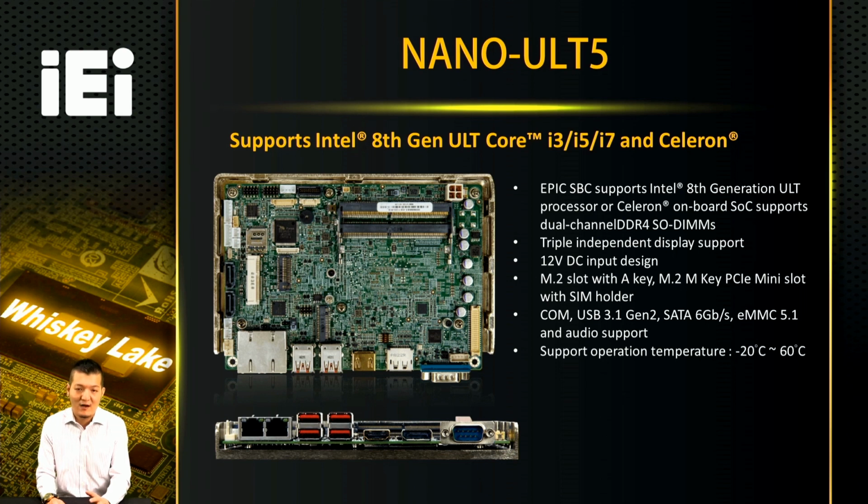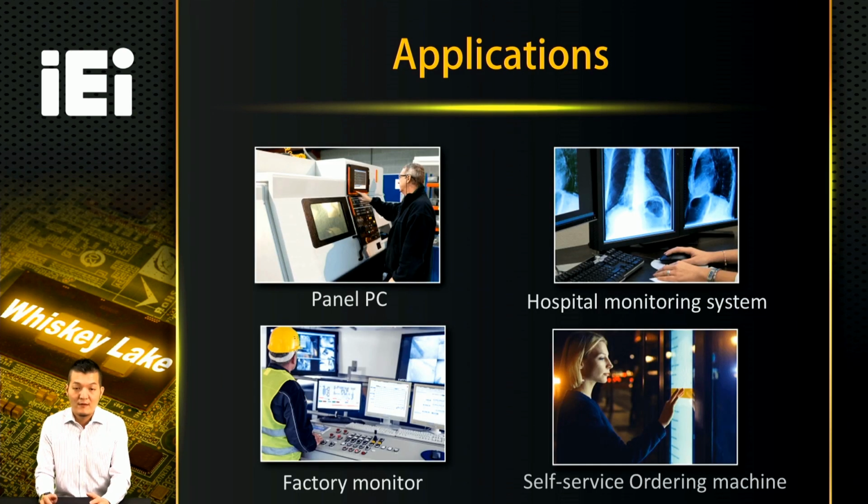For application, some of our customers are using NANO-ULT series with LVDS as a panel PC, or use a triple independent displays in the hospital as a monitoring system. And there are part of our customer using display output and RS-232 to connect their processing machine in the factory.